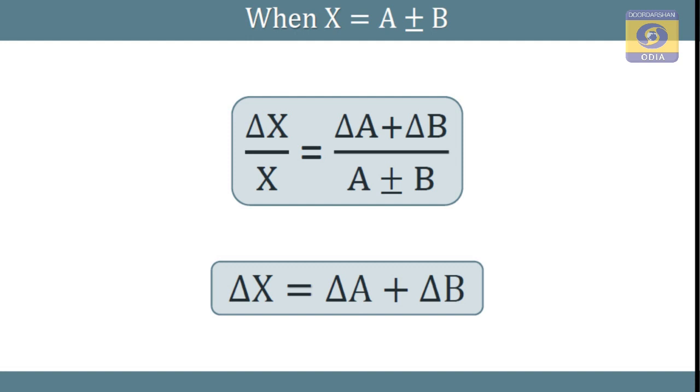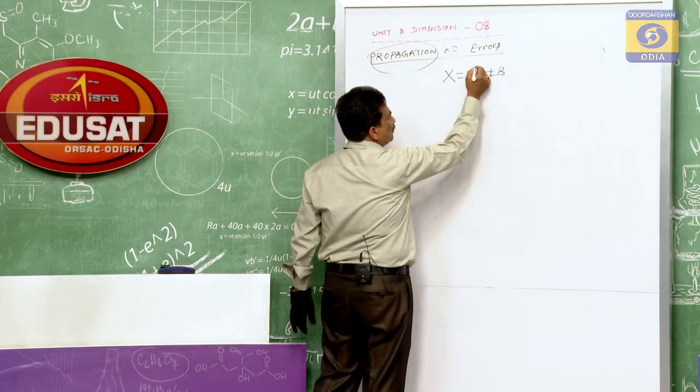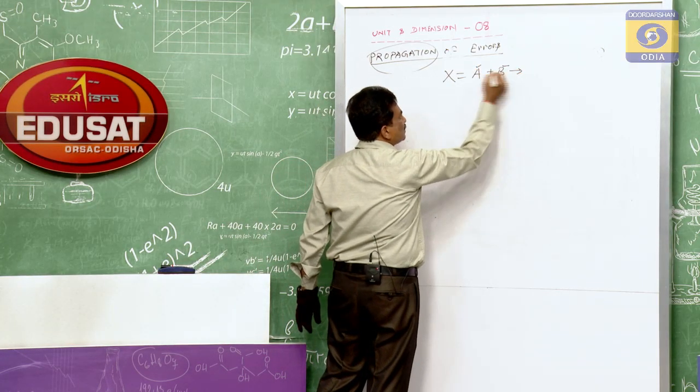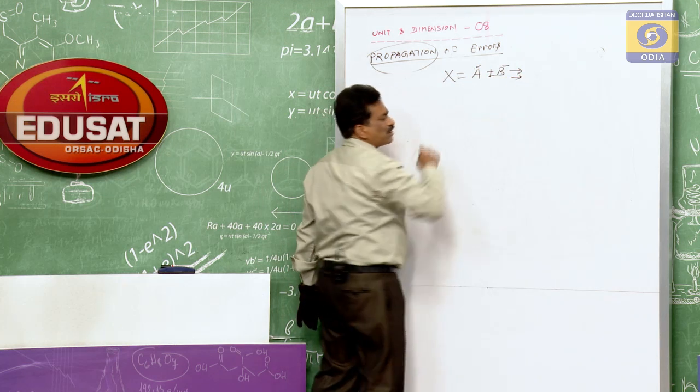And if you look at the screen, that physical quantity's resultant value is given as x, where x is the physical quantity which is expressed as a sum or a subtraction. But for this one I have taken z instead of x. This is x equals a plus or minus b, means a plus b for the addition, a minus b for the subtraction.